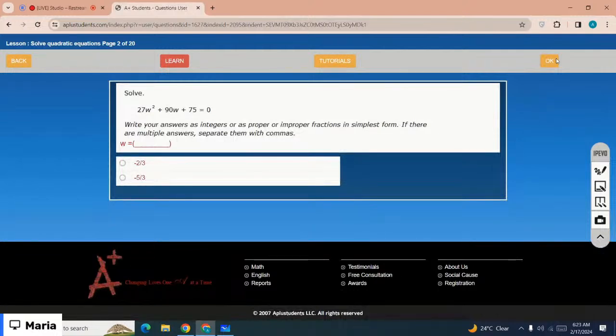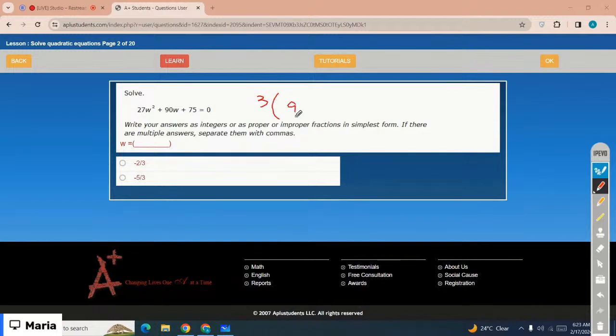For w, you can use either the quadratic formula, or you can evaluate the equation, right? Okay, let's just see. We have 3 common. So you're left with 3 times 9 is 27, 3 times 30, and 3 times 25, right?